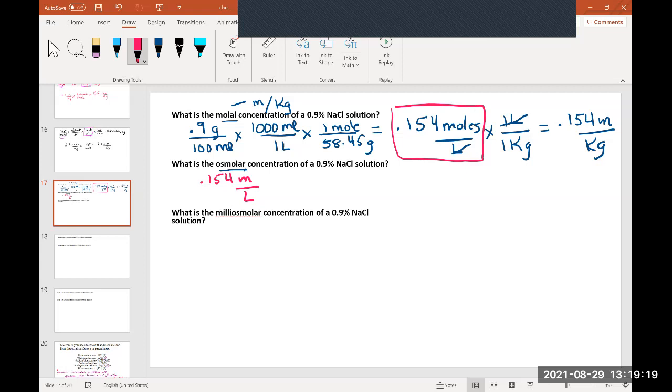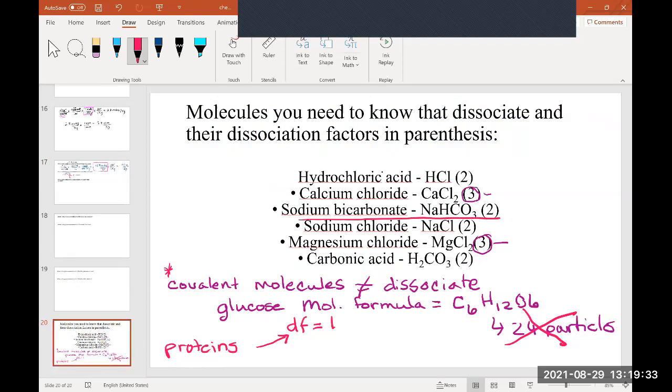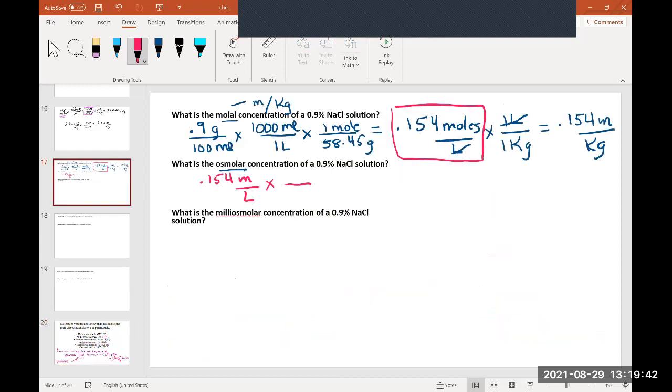Molar solution is moles per liter. And now we need to convert to osmolar. Well, now we need the dissociation factor for sodium chloride, which is 2 if you go to your list here. There we go, it's 2. All right, so for every mole, I have 2 osmoles.